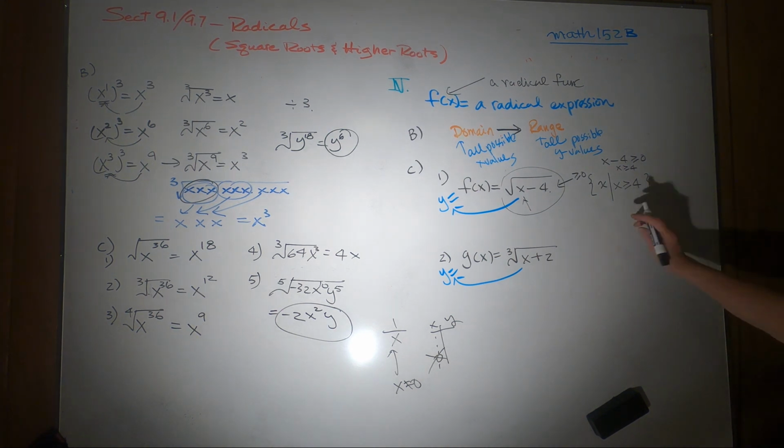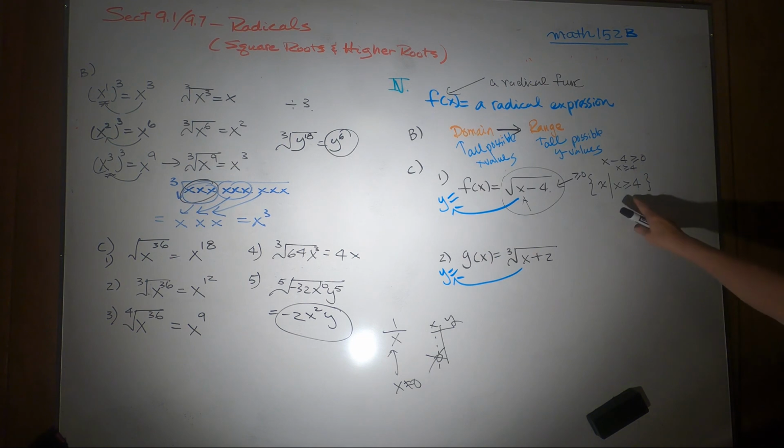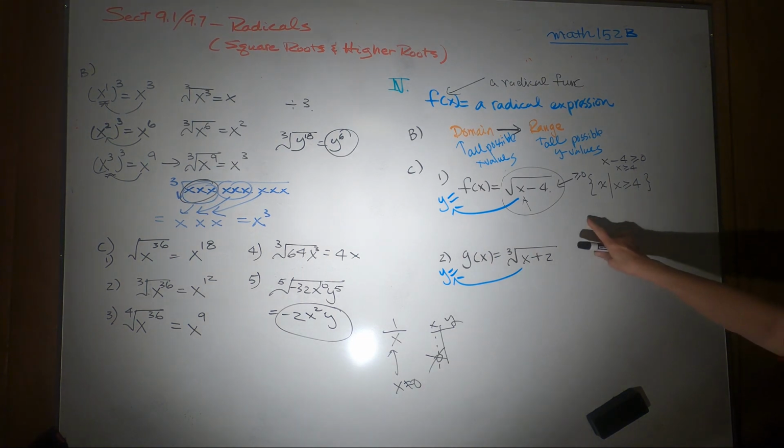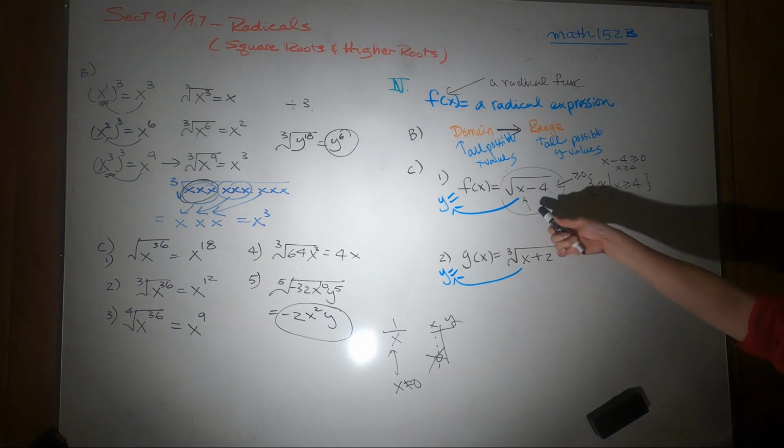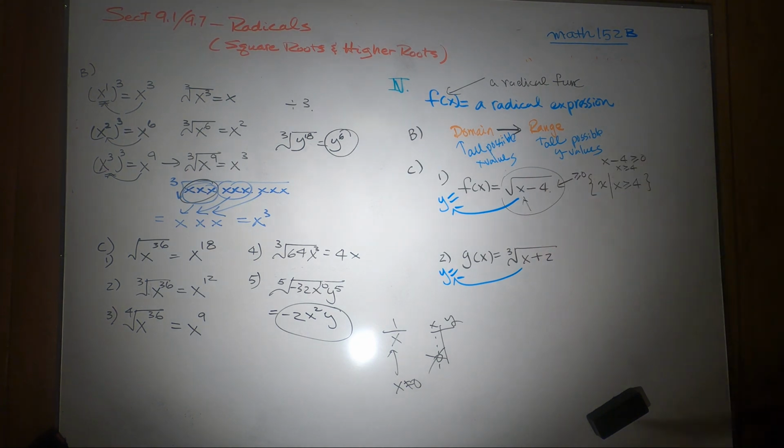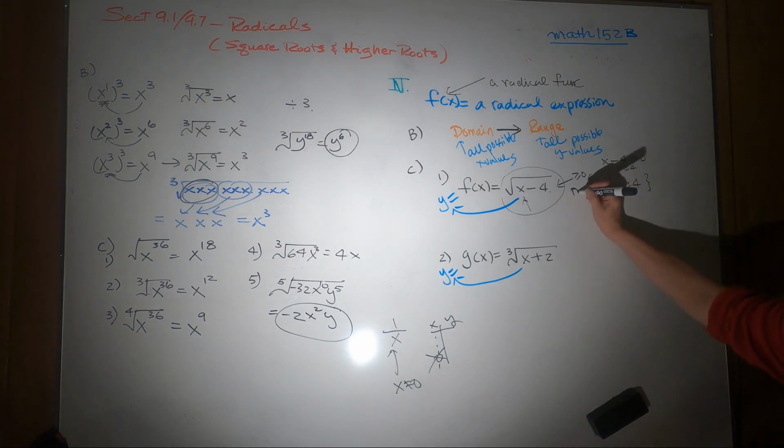All those are formal symbols of math. That's how you describe your restriction of x. x cannot be less than 4. It cannot be 3, because 3 minus 4 is -1, and we cannot do that. So that would be the domain.